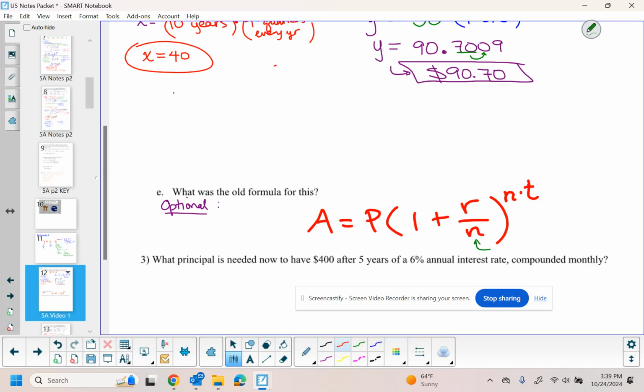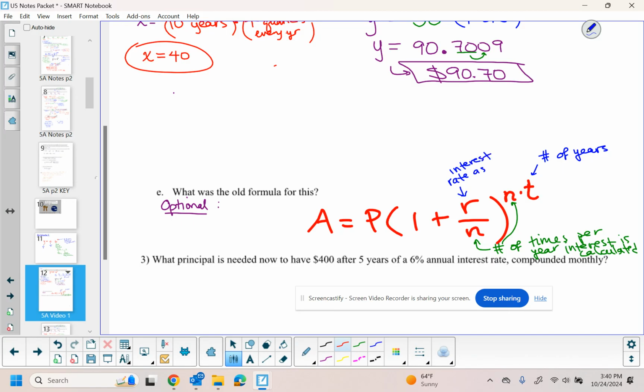N is the number of times per year interest is calculated. And that happens here and also here. T is the number of years. R is the rate as a decimal, the interest rate as a decimal.